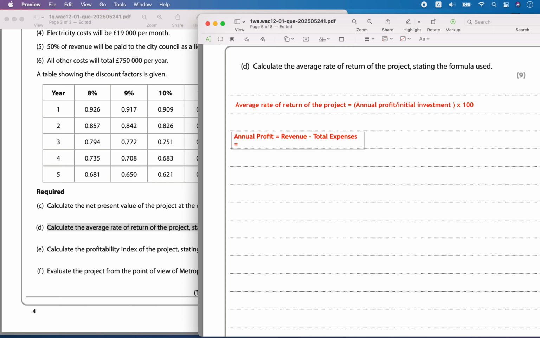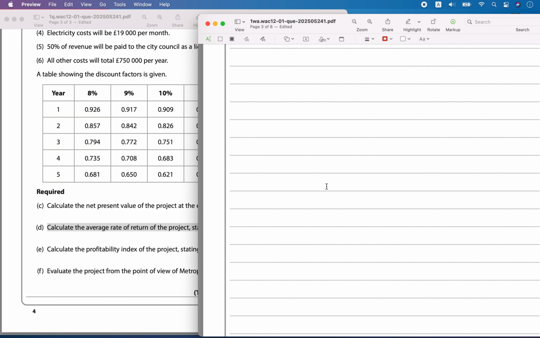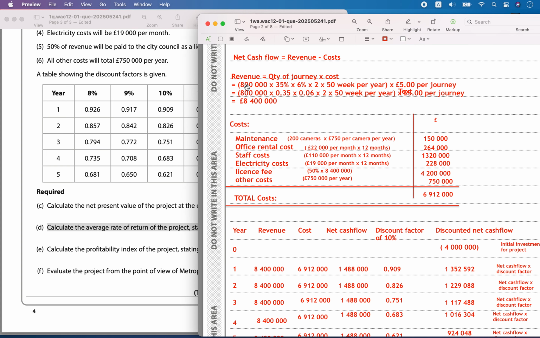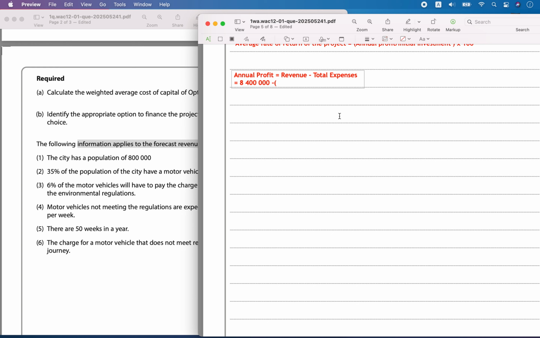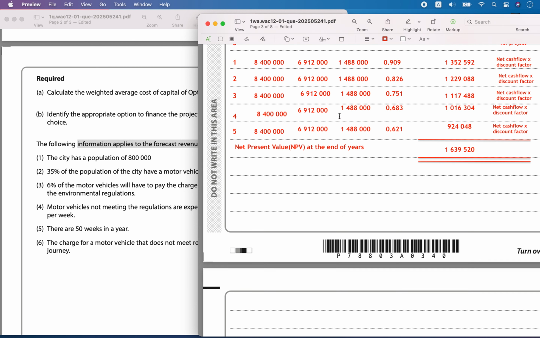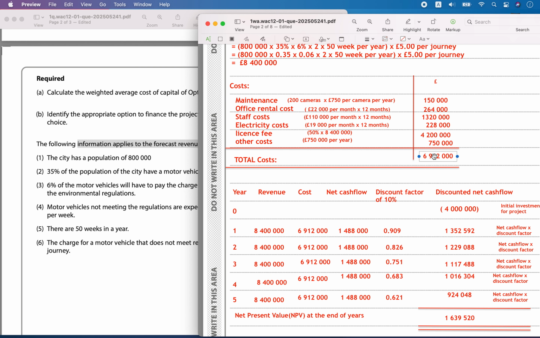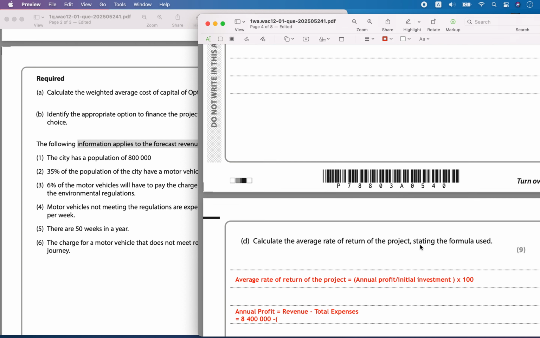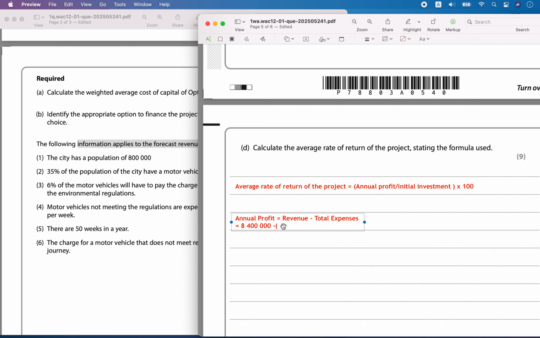Revenue was around 8,400,000, which we had calculated in the previous part. The other costs we had calculated in the previous one were 6,912,000. That didn't include the depreciation cost.